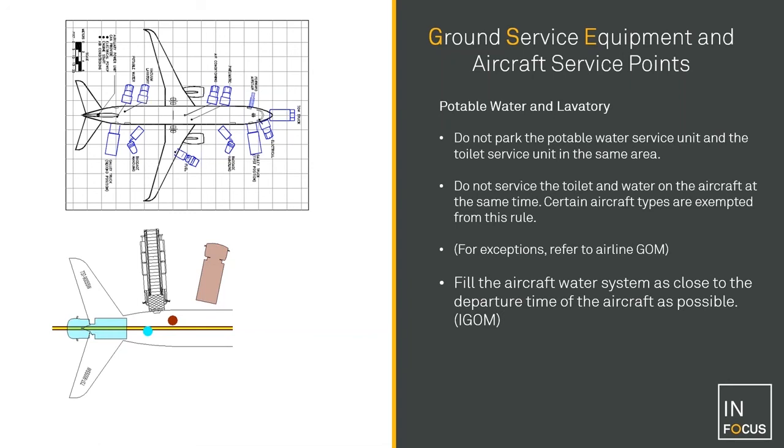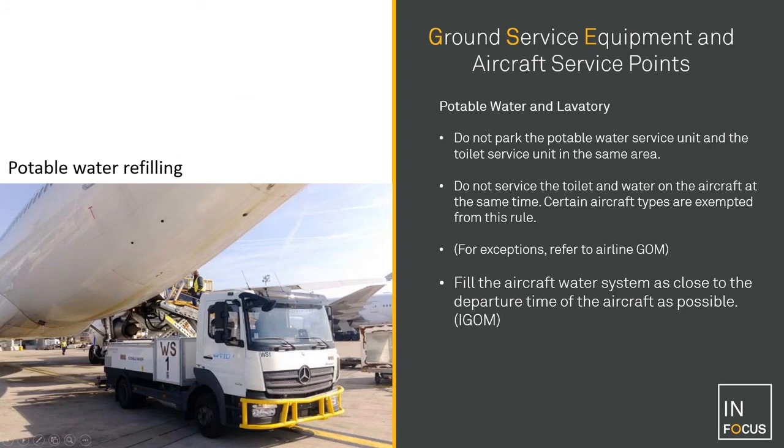Even if they do operate from the side there, it has to be quite clear that the two are actually not meant to operate on exactly the same surface, so that there is no eventual contamination, especially of the potable water. Here's another photo view of a water servicing unit parked underneath the rear of a 737.